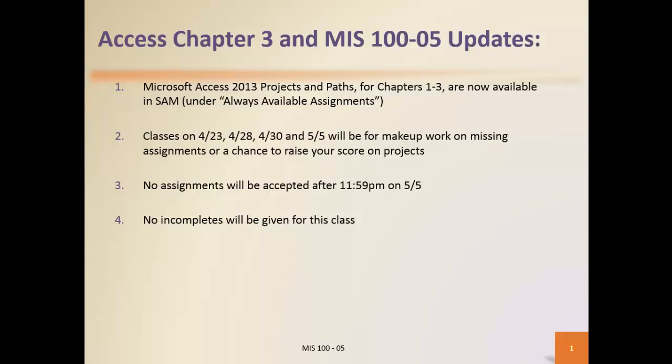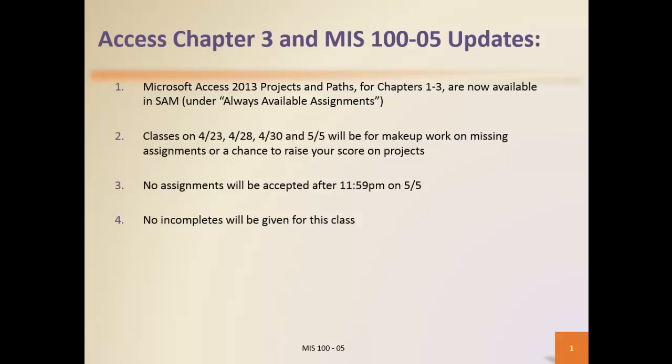I just want to remind you that Microsoft Access 2013 projects and paths for Chapters 1 through 3 are available in SAM under Always Available Assignments. Number 2, classes on April 23rd, April 28th, April 30th, and May 5th are going to be for makeup work on missing assignments, and they're also a chance for you to raise your score on any projects that you may have already completed.